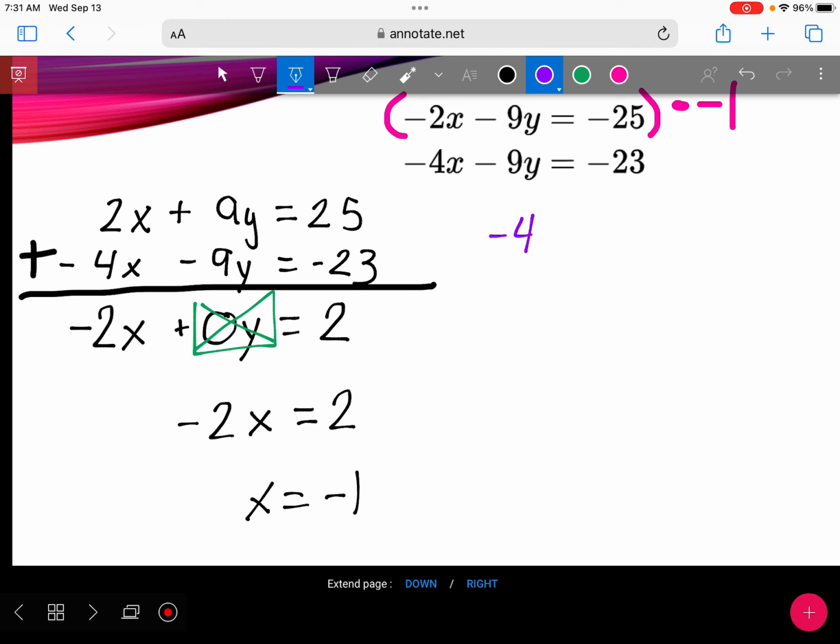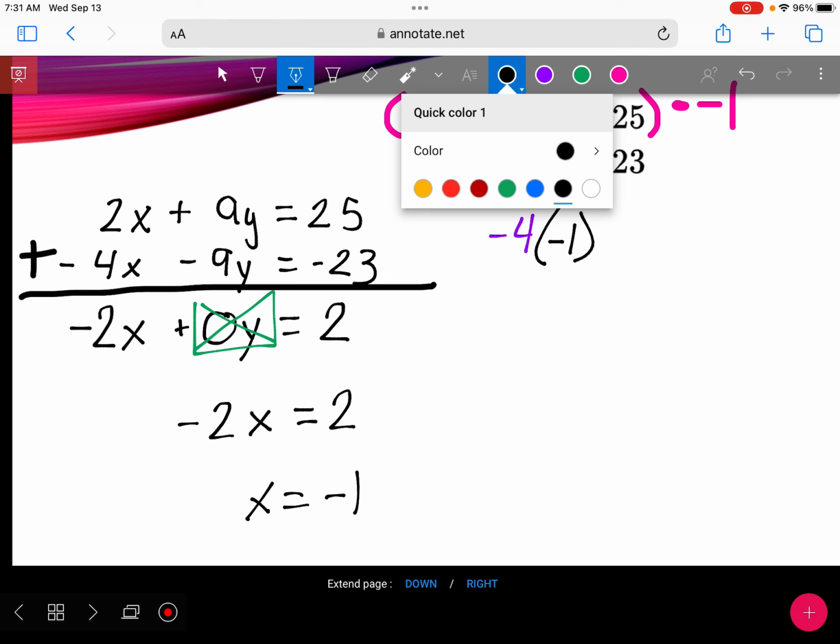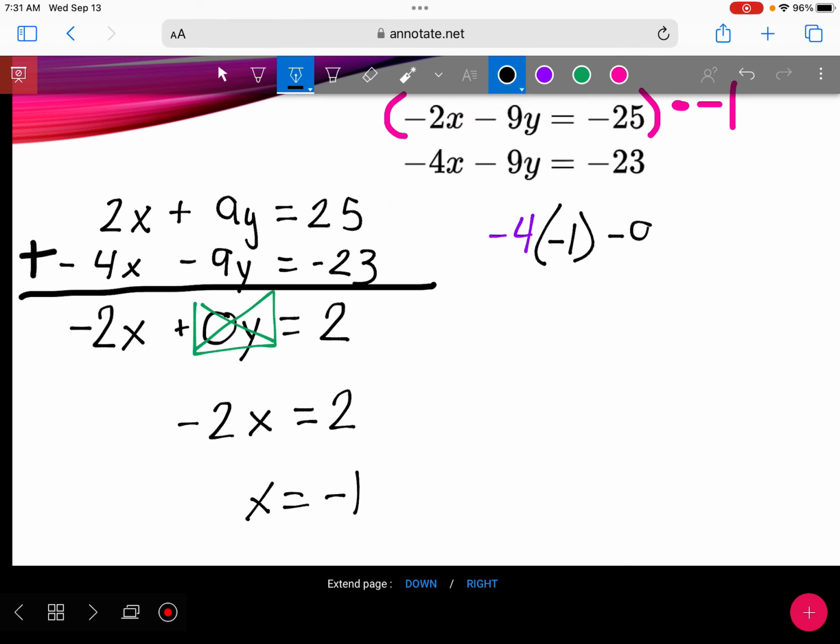So we're going to take minus 4 times our x of minus 1, minus 9y equals negative 23. So we're going to multiply that. Negative 4 times negative 1 gives me positive 4 minus 9y equals negative 23. Then what do we do? Minus 4 on both sides.